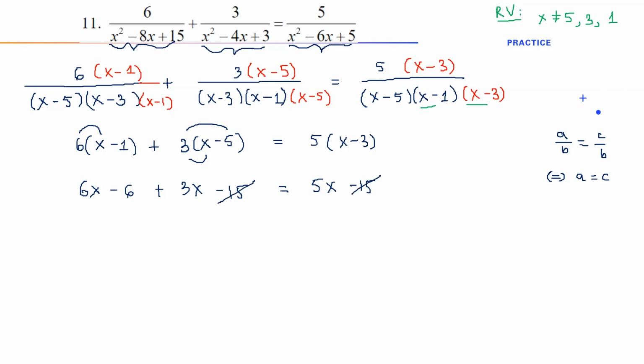We cancel that. Now we have 6x plus 3x is 9x, and then we subtract 5x both sides.